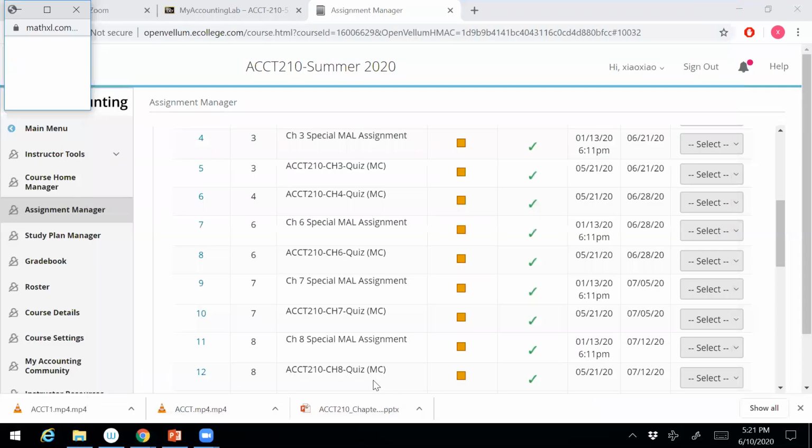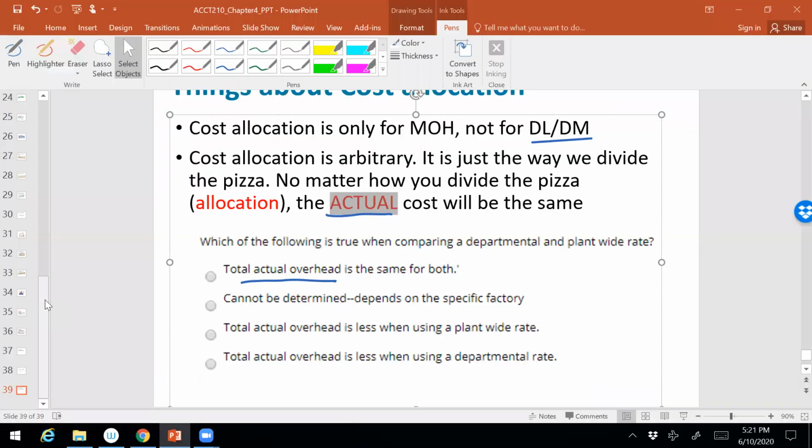As I say, I didn't focus on too much of the detailed calculation because the logic is always the same as chapter 3, the plant-wide. The numerator is the estimated manufacturing overhead cost. The denominator is just the cost driver. Only difference is for chapter 3, you only do that for the plant-wide, you get 1 rate.